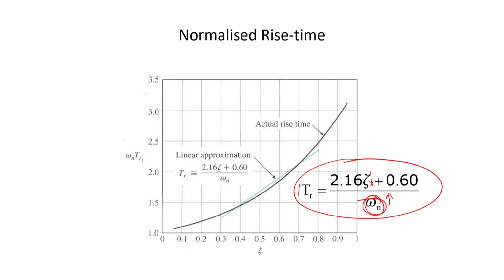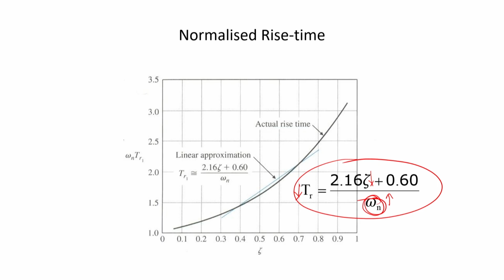Okay. These are the cases by which you can influence the rise time of the system. So, both zeta and omega n would be responsible in terms of controlling the rise time, whereas percentage overshoot depends solely on the damping ratio of the system.